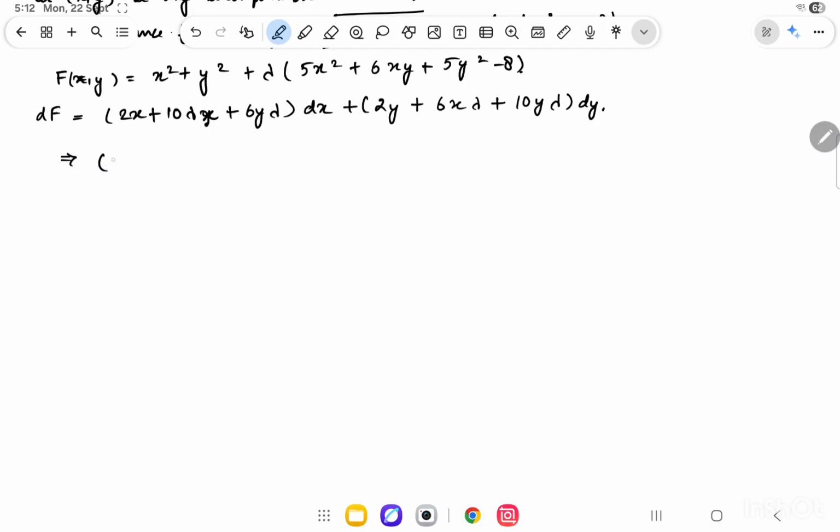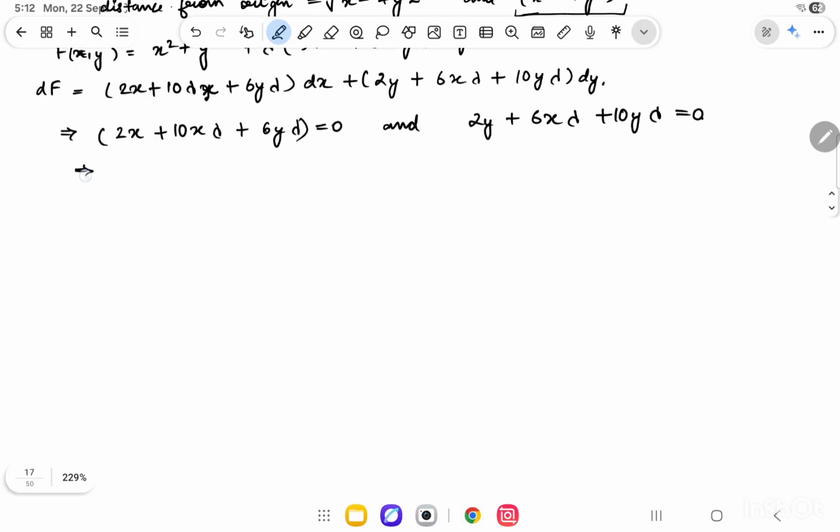For that, the coefficient of dx must be equal to 0, and the coefficient of dy must also be equal to 0. So we get 2x plus 10x lambda plus 6y lambda equals 0, and 2y plus 6x lambda plus 10y lambda equals 0.